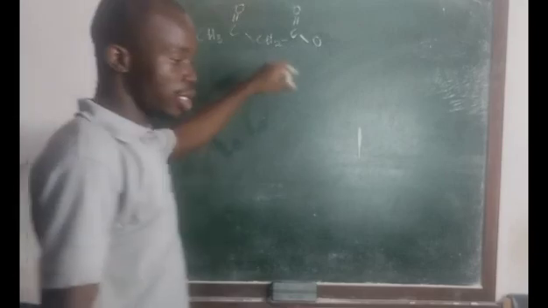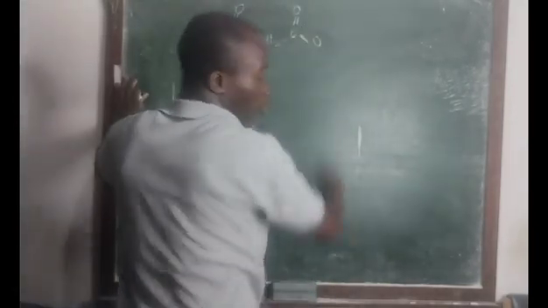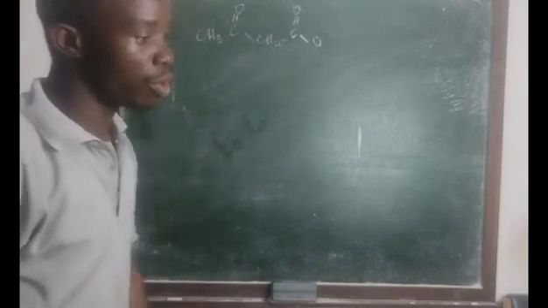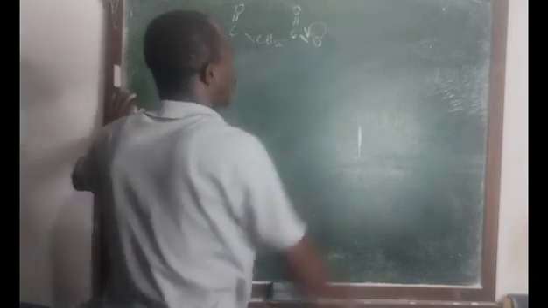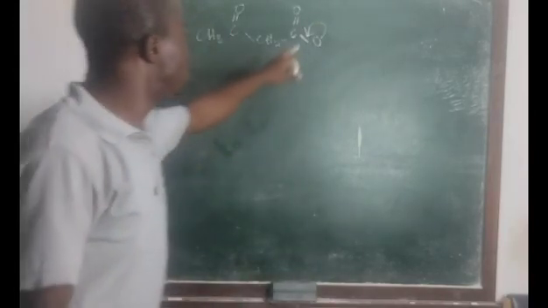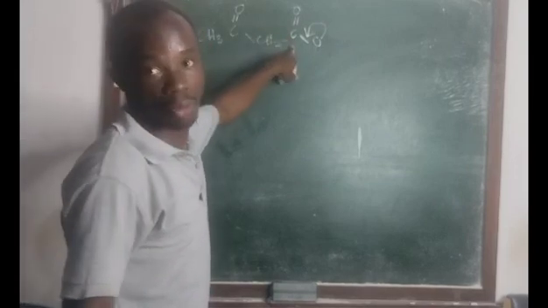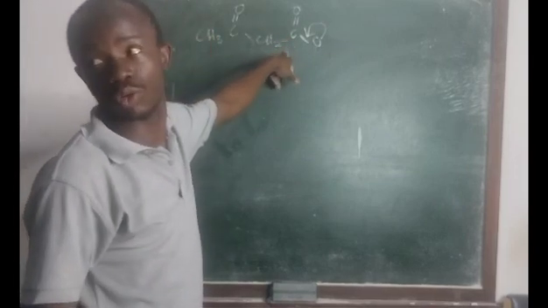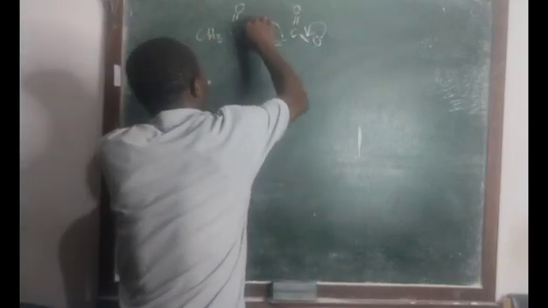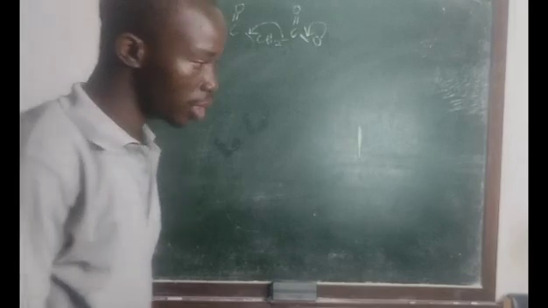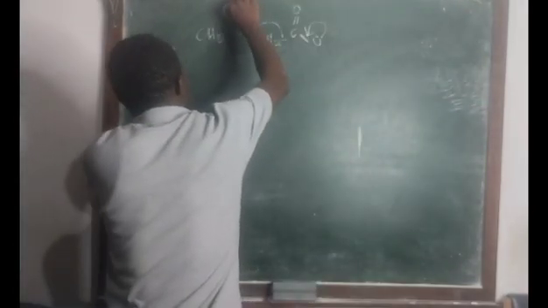Now, what happens is that there will be removal of CO2, in the sense that this will come here. Immediately this one comes here, the bond around carbon becomes 5, so one of the bonds must go. So this one comes here, and then this comes here.